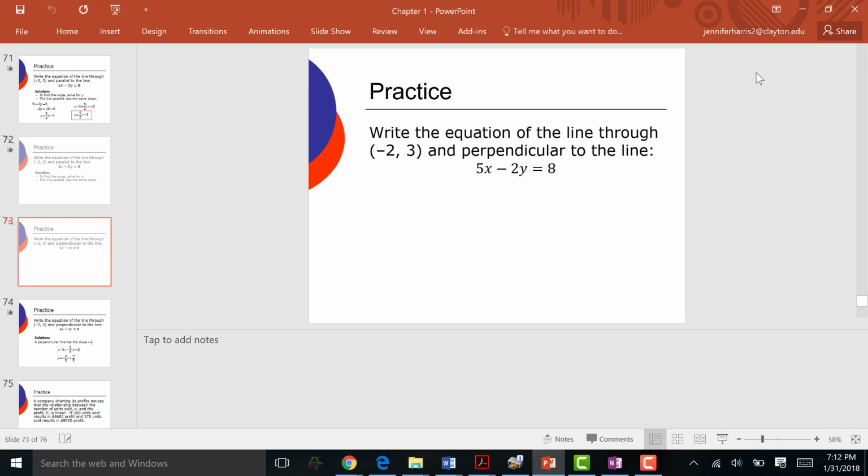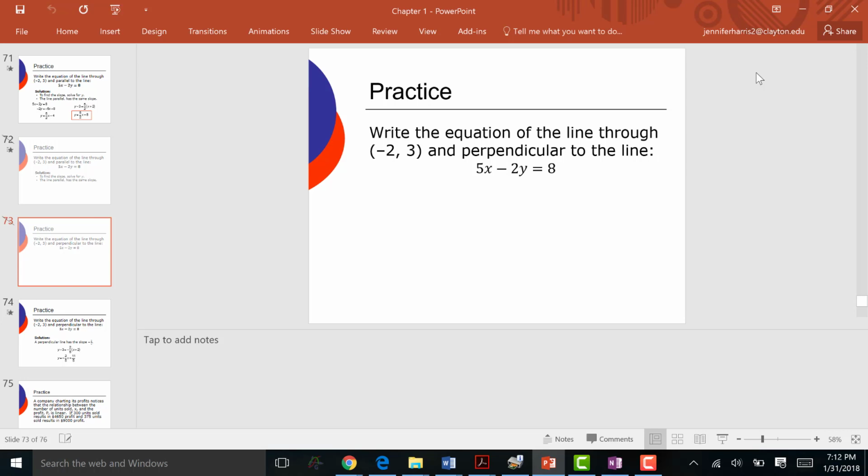So label this as x1, y1, and then I'm going to plug everything in just like I did before and do the same process. I've got y minus y1 equals m times x minus x1, plug everything in. I've got a 3 here and a -2 here, and a -2/5 for my slope.